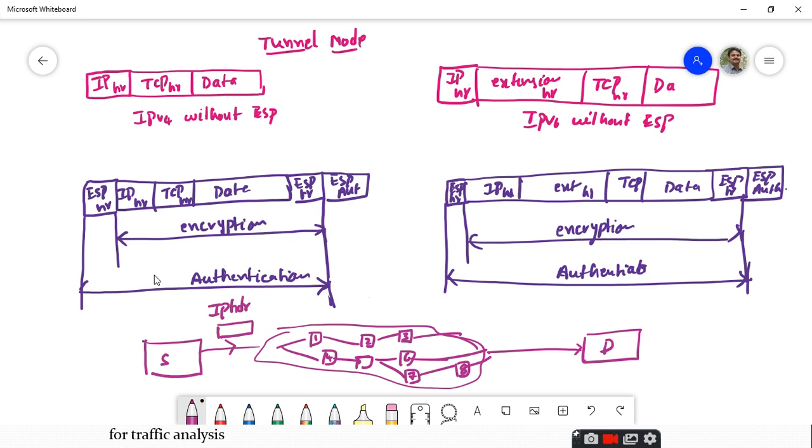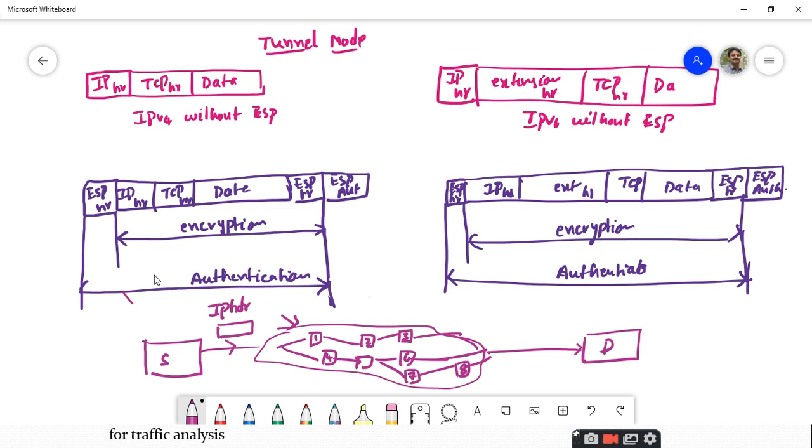But in the tunnel mode, you are putting the IP header inside the ESP header. So if this packet, without any additional information, is transmitted to the network, you just throw it to the internet, it has no idea where to transmit, what the destination address is, what route it has to take. All this is not available in this packet.